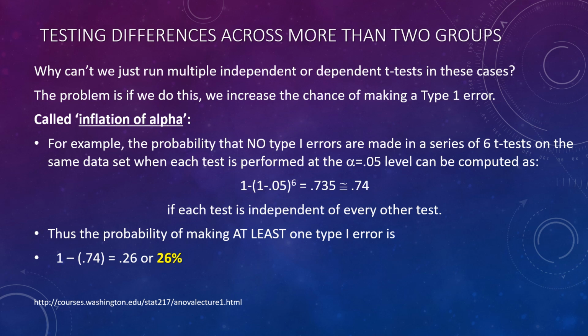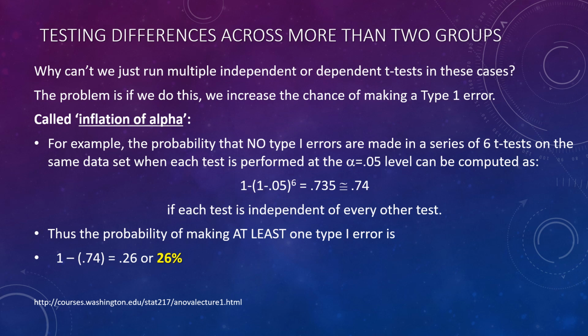Remember what alpha was. Alpha is the same thing as setting your level of significance. At the beginning of every study, you say, well, I'm going to set my level of significance at 0.05. And so that means I'm going to accept a 5% chance that any differences I see happen by chance. That's going to help me discern whether to reject or accept my null hypothesis.